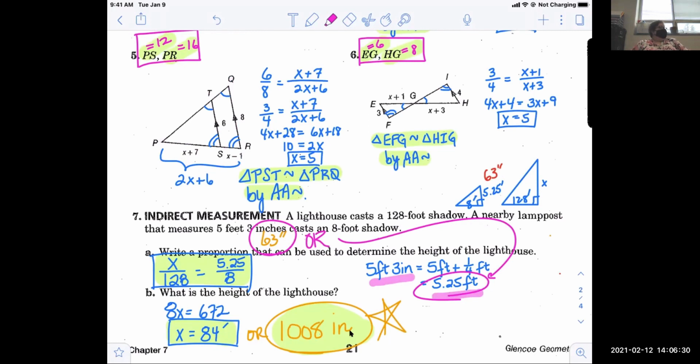Yeah, you're taking out of 12 instead of what? If it was 5.3, you would have been taking out of 10, right? So 5 feet 3 inches, that's a quarter of a foot.